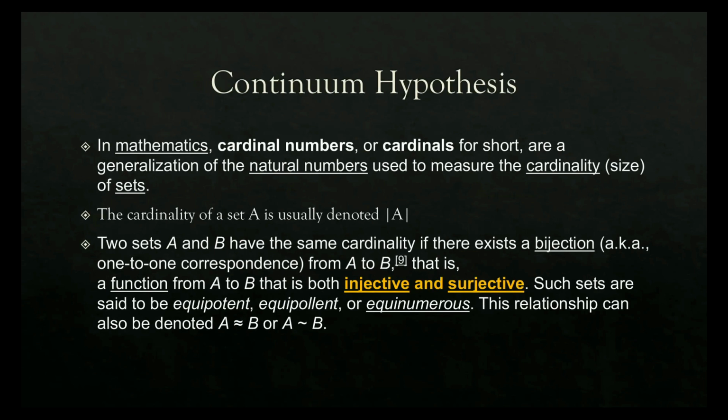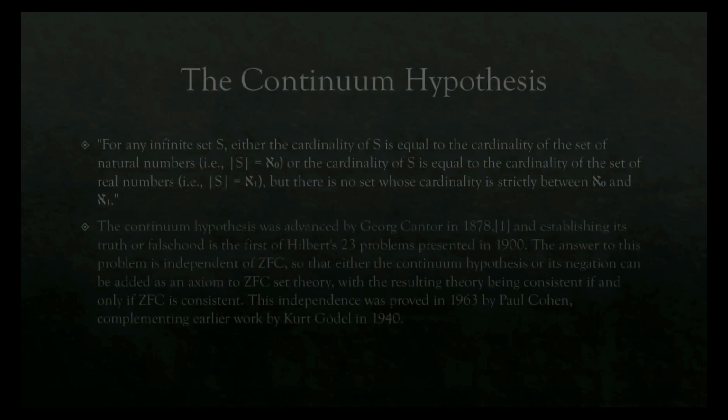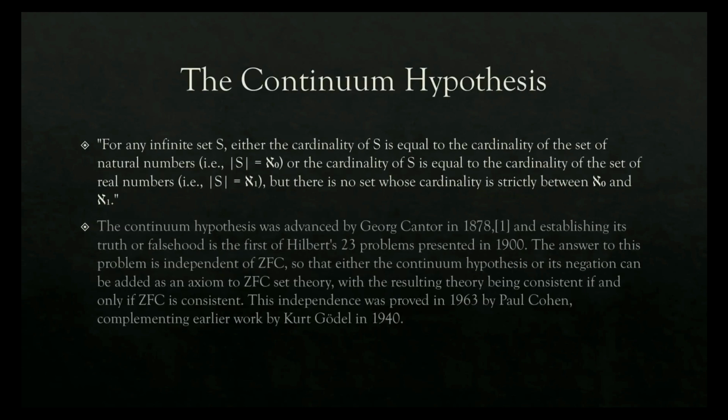The idea, and if I may go back one slide, my apologies, is: is there a set of numbers that one can find strictly between the natural numbers and the real numbers? This is the question.